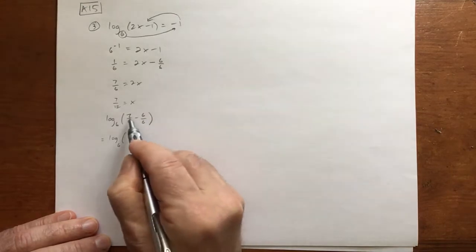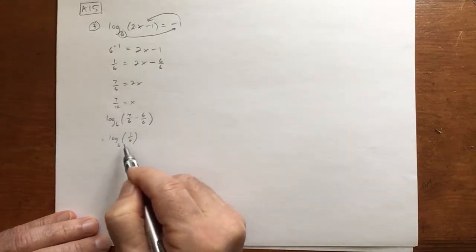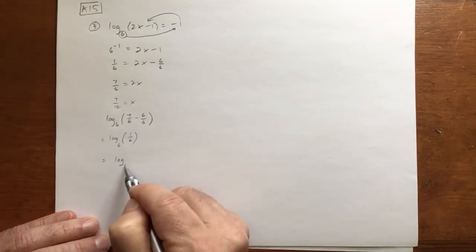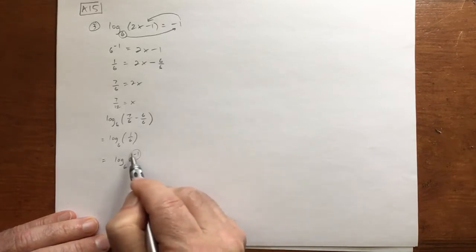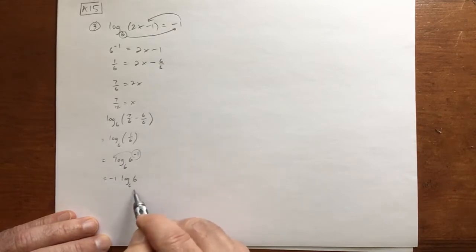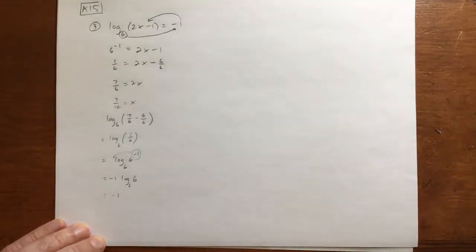So here I have 1 over 6. Okay, and maybe if you don't see it yet, isn't 1 over 6 the same thing as 6 to the negative first? Can't we pull that out in front as the coefficient? And log base 6 of 6, I hope you know, is 1. So I get -1, like I was hoping.